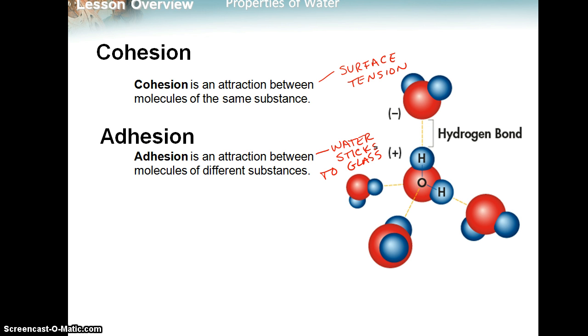It does that because we have adhesion between the water and the glass. If you get your hand wet underneath a faucet and hold your hand out over the sink, you will see water droplets sticking to the bottom of your fingers, and that's because of adhesion. The water is sticking to your skin. So cohesion is one substance sticking to itself, and adhesion is one substance sticking to something else.